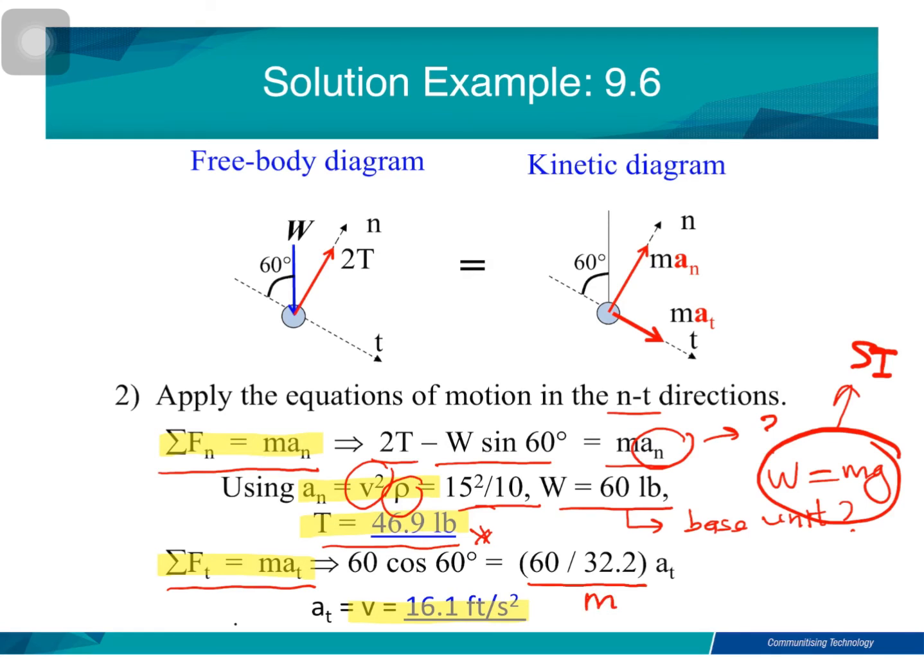M is equal to W over g. That is why, here in the FPS unit, you need to divide the W by 32.2. So a_t is equal to 60.1 feet per second squared. Understand?